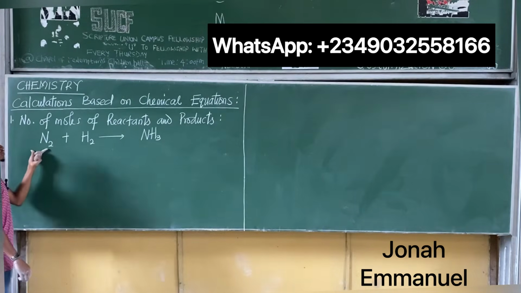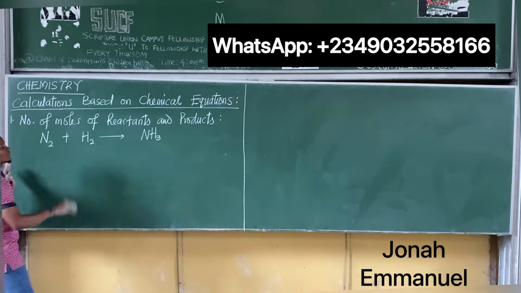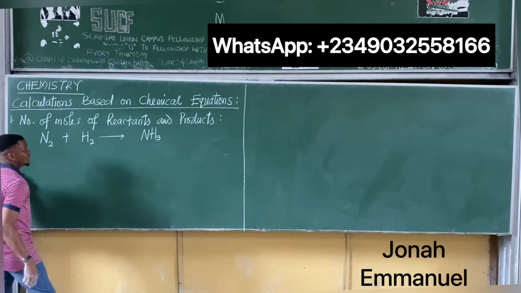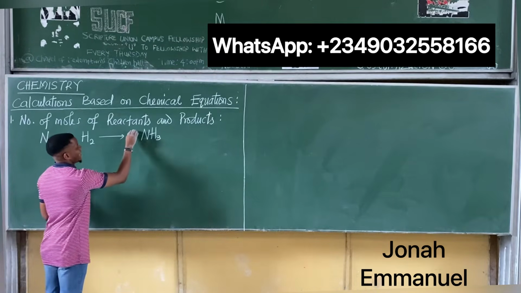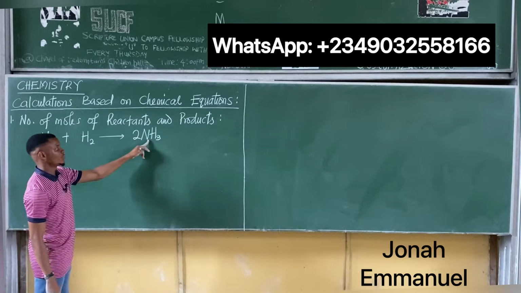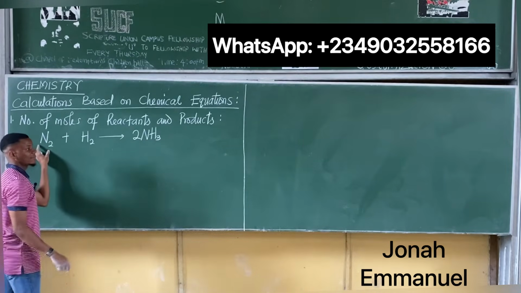So I'm having nitrogen combining with hydrogen to form ammonia. We said we cannot work on this except, first of all, we balance it. In balancing this, I'm seeing 2 nitrogen here. This is 1. I'll simply add 2 here. We add whole number coefficients. Of course, 2 times 1 is 2. 2 nitrogen here, 2 here, is balanced.